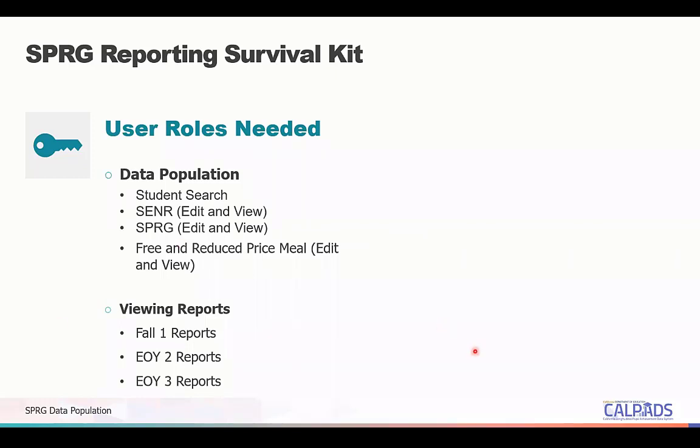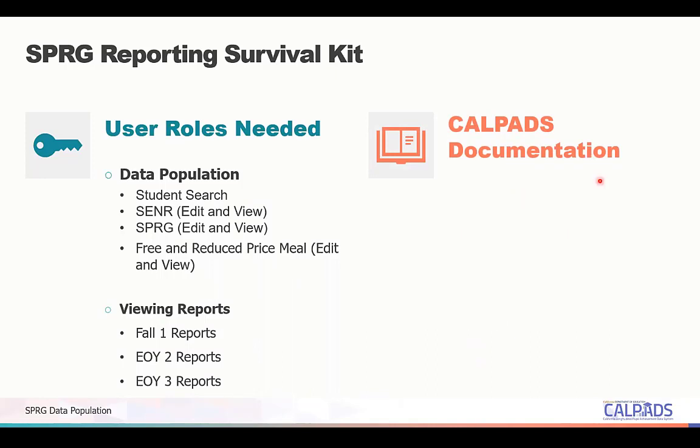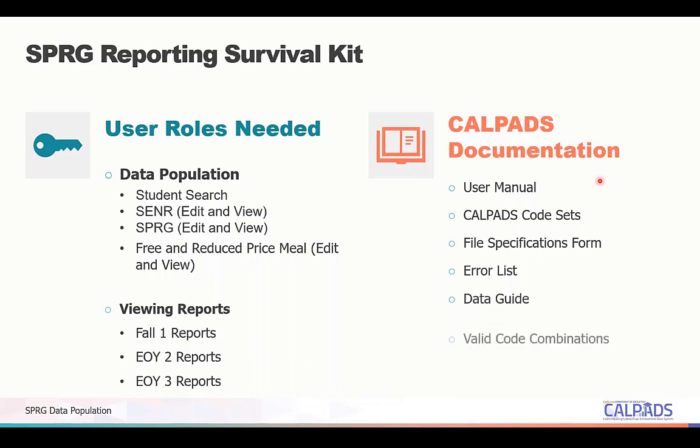Also, LEAs should be aware that there are excellent reference documents available to download for guidance on different aspects of CalPADS reporting. You can access the CalPADS User Manual, the CalPADS code sets, the file specifications form, the error list, the data guide, and the valid code combinations documents.